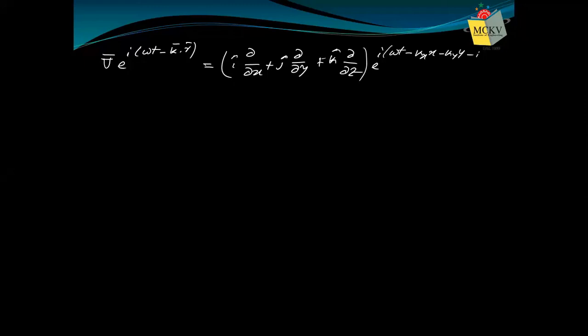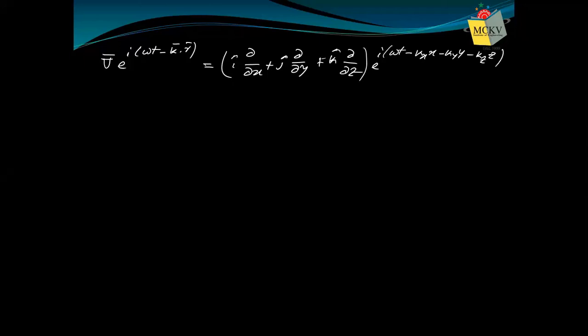Let's do it. Del means i del x plus j del y plus k del z, acting on e to the power i omega t minus k dot r. Now instead of k dot r, I'll write the whole thing: k dot r means kx x plus ky y plus kz z.